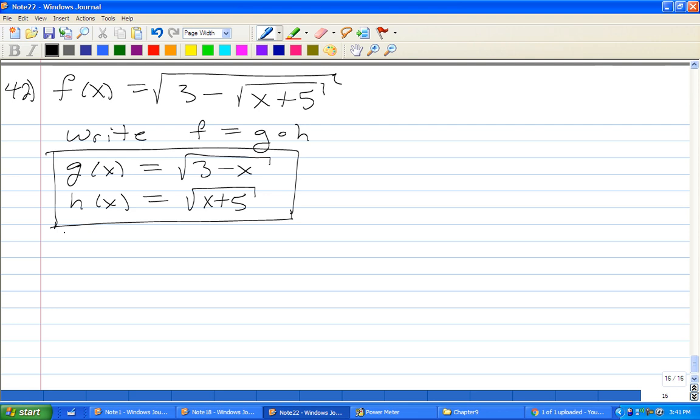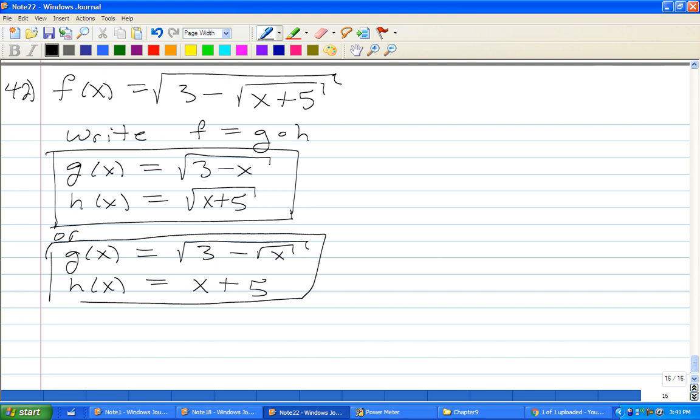I could also have said, let g of x equal radical 3 minus radical x, and let h of x equal x plus 5, then f is equal to g composed with h.